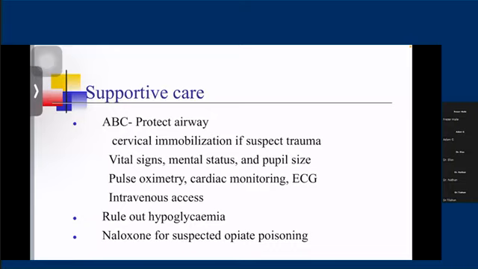When we protect the airway, we can then proceed to the next step. One thing we should not forget is cervical immobilization. In a patient who presented with poisoning, especially alcohol poisoning, when they are drunk, they can be on highways and can sustain road traffic accidents and pedestrian injuries.